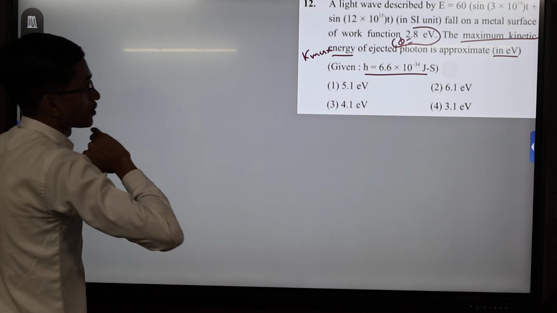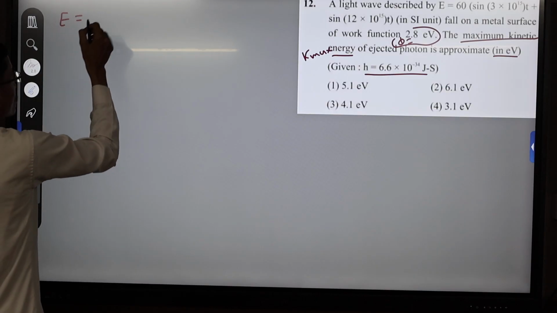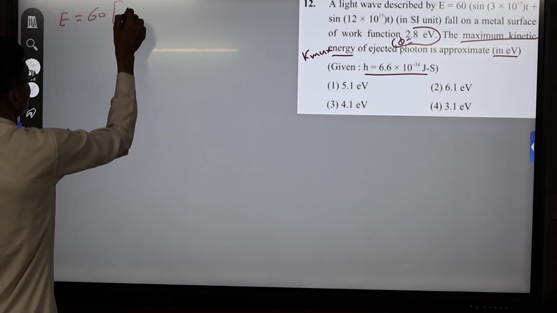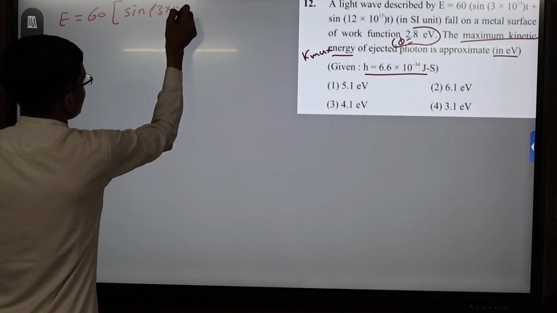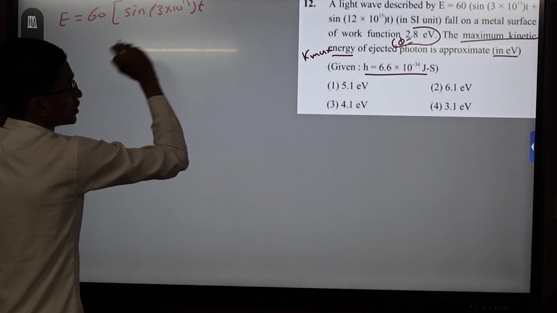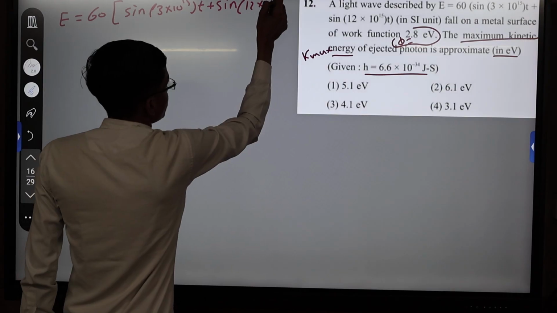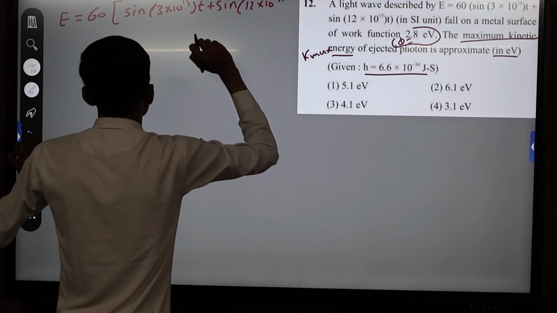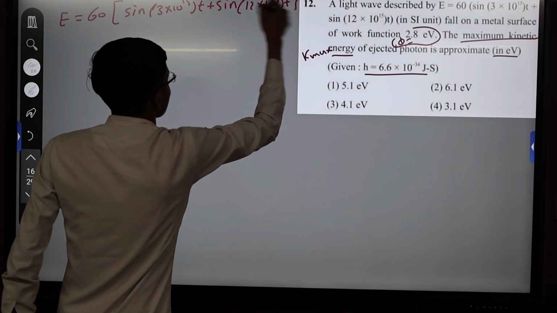First of all, write the equation in one line. So E is equal to 60 sin 3 into 10 raised to 15 t plus sin 12 into 10 raised to 15 into t.